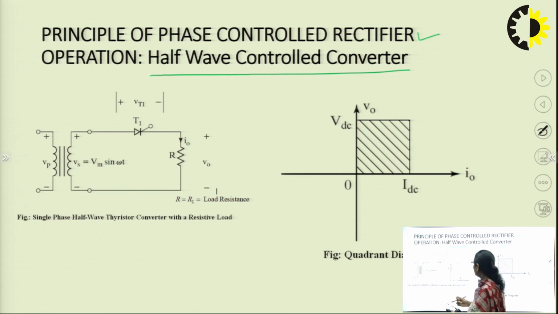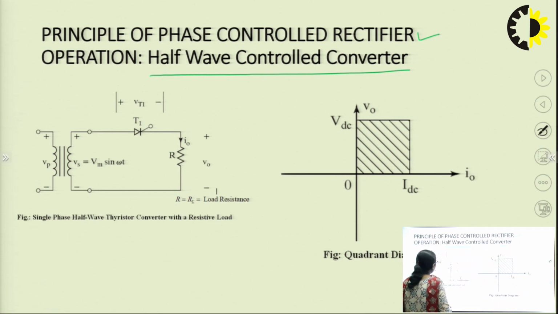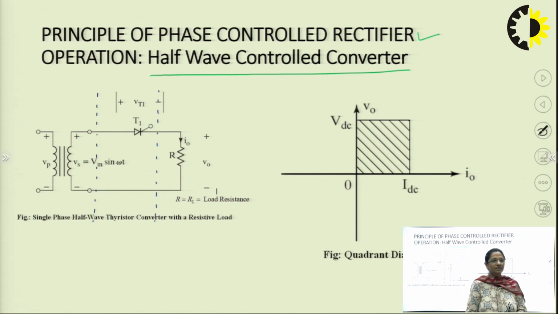The way of seeing any circuit is to see it in partitions, in portions. In every converter circuit, there are actually 3 sections. The very first section is the supply section, the last section is the load section, and the middle section is the converter circuit.